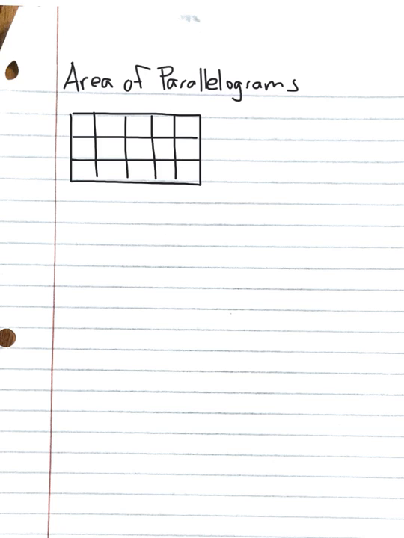So here we can see some squares in an array, and we can see that it is 3 squares down and 5 squares across.